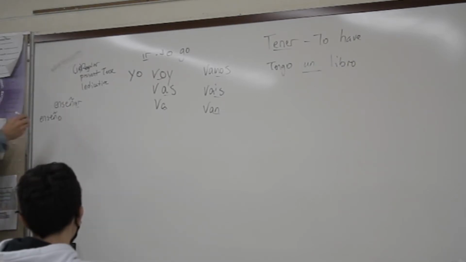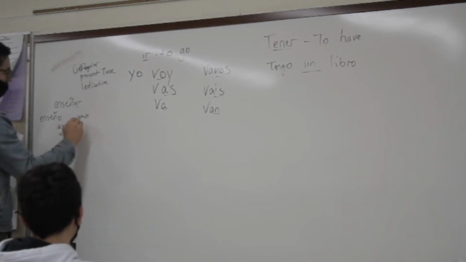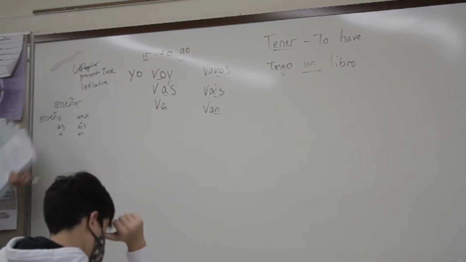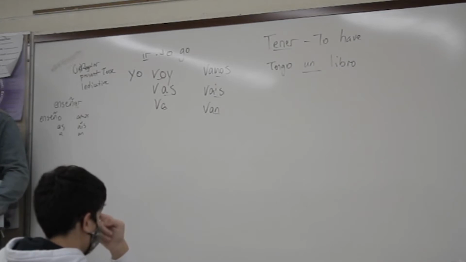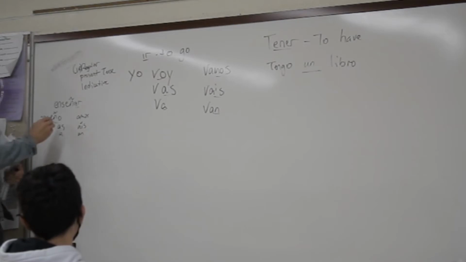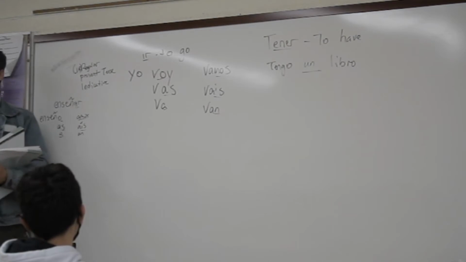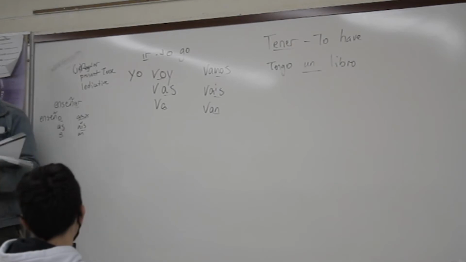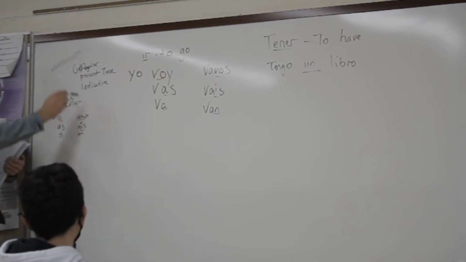So these endings, o, as, a, amos, ais, an, they simply mean that you're describing what is going on. Present tense means you're describing what's going on right now. But it's not saying it's a possibility. So there's different conjugation endings if you're going to command someone, or if you're going to say that this maybe is happening. So these are indicative, present tense.